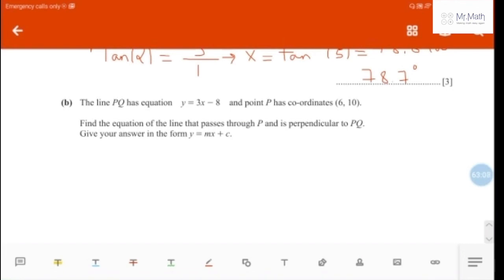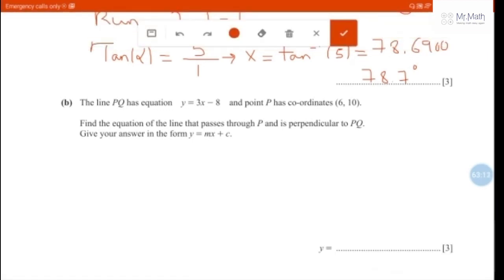Now, the gradient of PQ, so for PQ, m is equal to 3. To find the gradient of the line that is perpendicular to PQ, it is the negative reciprocal. So m perpendicular is equal to negative 1 over 3.